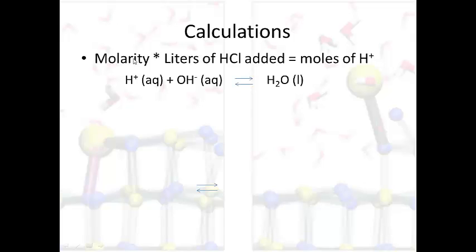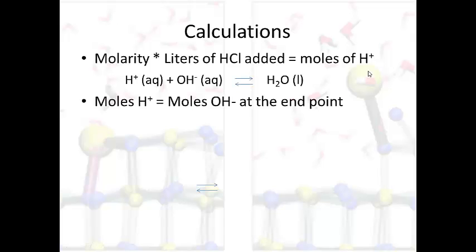If you multiply that by the molarity, that will give you the moles of hydrogen ion that you added to your sample. The moles of hydrogen ion equal the moles of hydroxide ion with this balanced equation when you are at the end point. So once you reach the end point, which is when you'll be recording the data, you'll have equal moles of hydrogen and hydroxide.